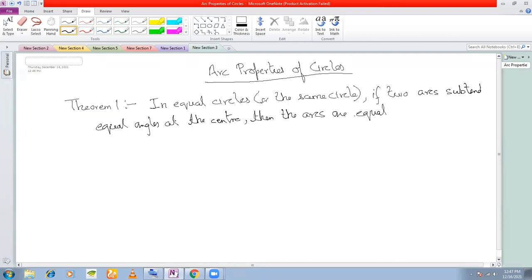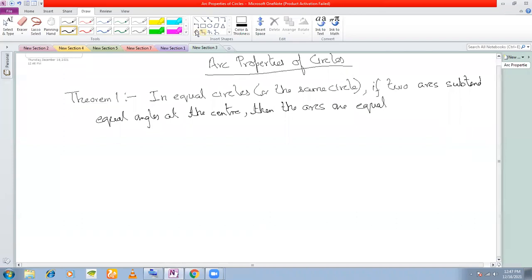We'll consider both the cases, that is in case of equal circles as well as in case of the same circle.